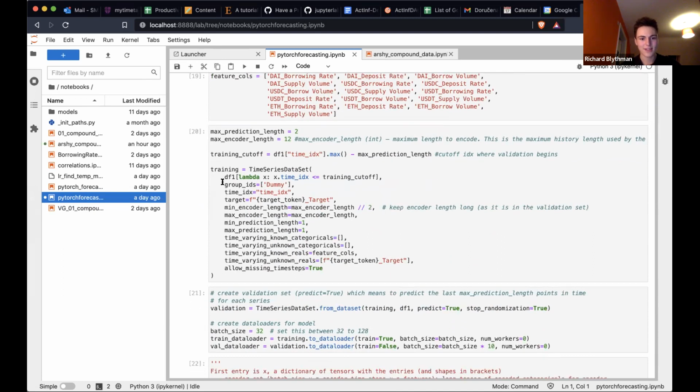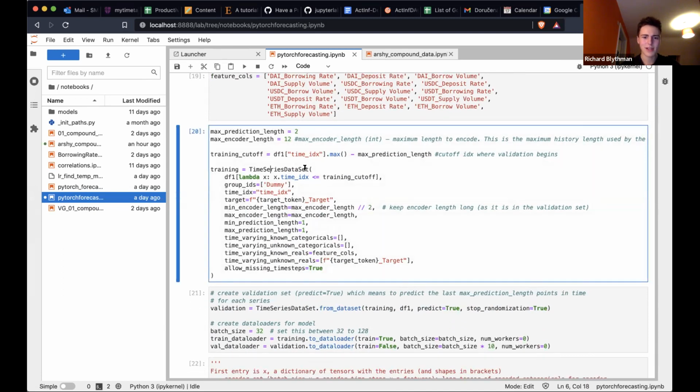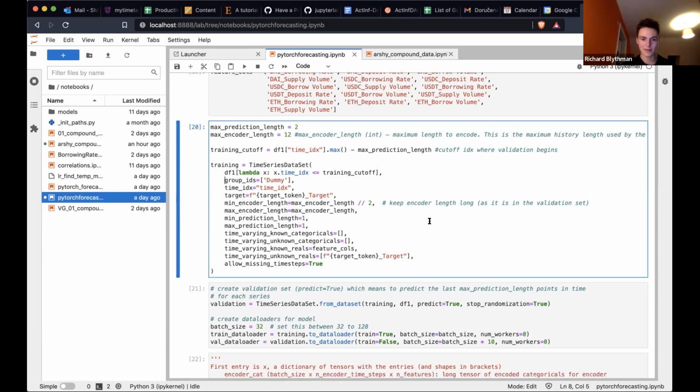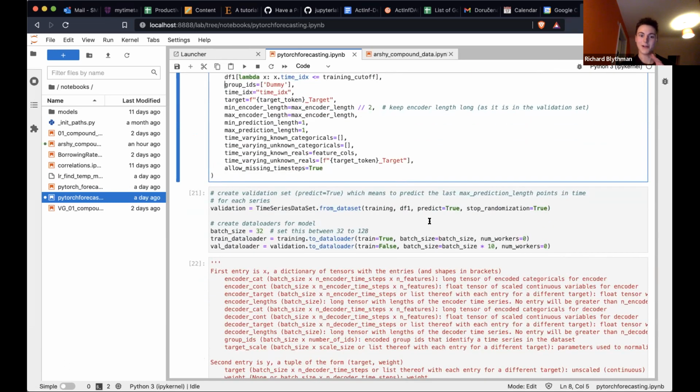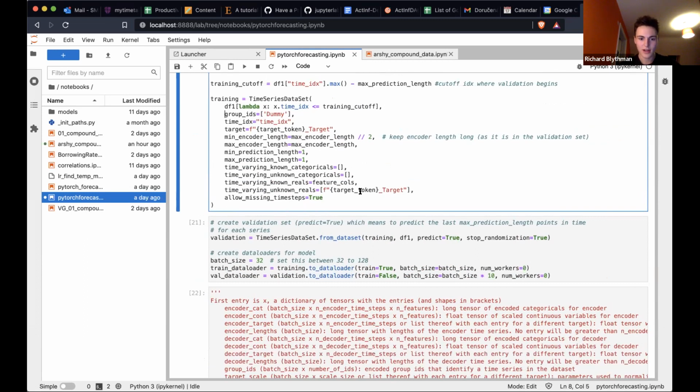They have this time series data set, which I think somehow derives from PyTorch Lightning as well. I think they said they want to be the fast AI, but for forecasting. So these group IDs should probably be the columns we would use for the other time series, so if we want to predict both the DAI borrow rate and the USDT borrow rate at the same time, although I'm not entirely sure.